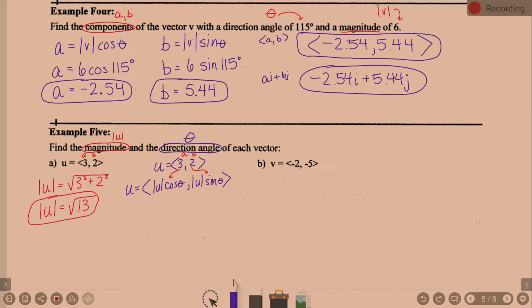Square root of 13. So the square root of 13 times the cosine of theta equals 3. That's one equation I could set up and solve to find theta. Or the other equation you could solve uses the sine theta piece, the vertical component. Absolute value of u, again square root of 13, times sine of theta equals my vertical component of 2.